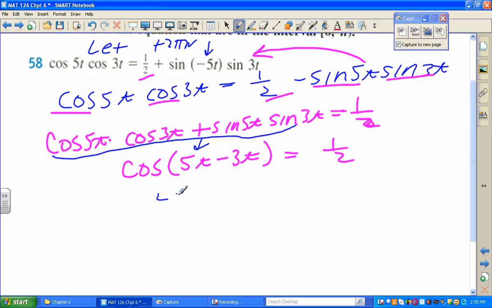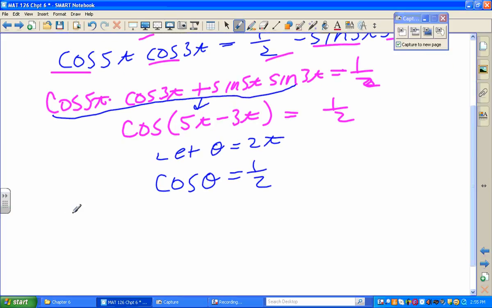Close. If you let theta equal 2t, 5 minus 3 is 2. Okay. So you have cosine of theta equals a half. Where is that true? Excellent. So theta equals pi over 3, and theta equals 5 pi over 3.